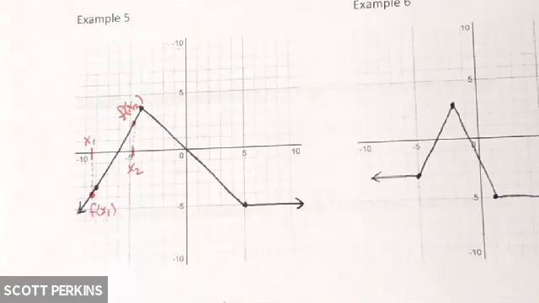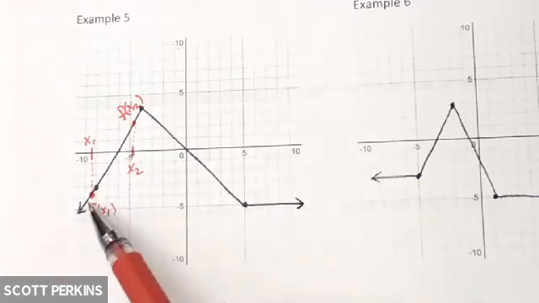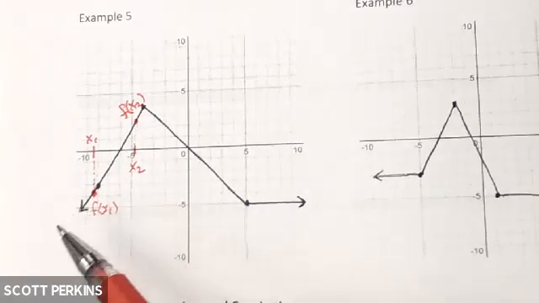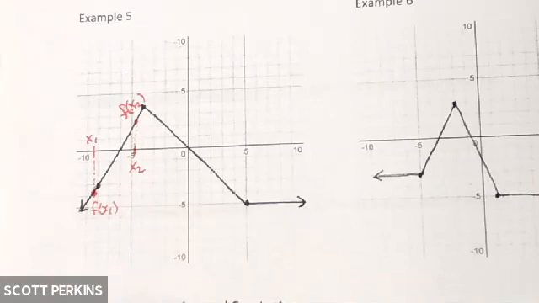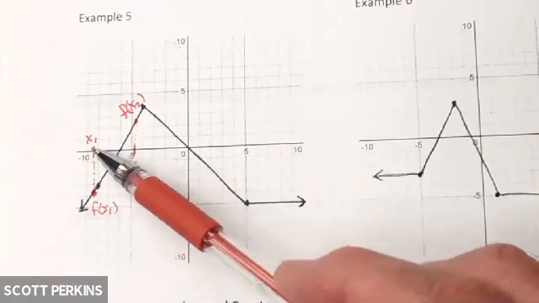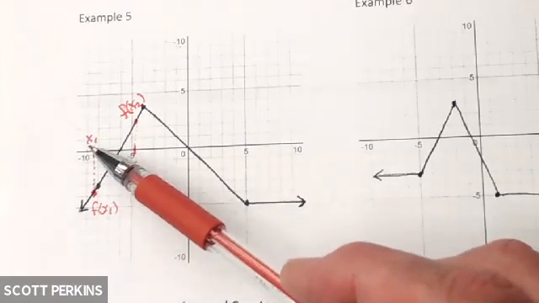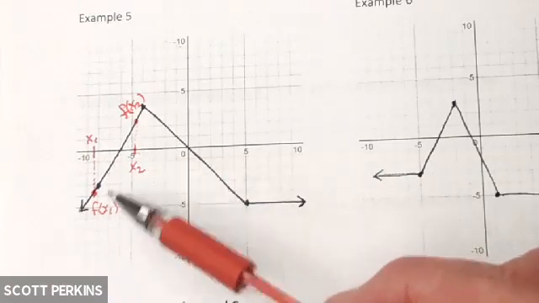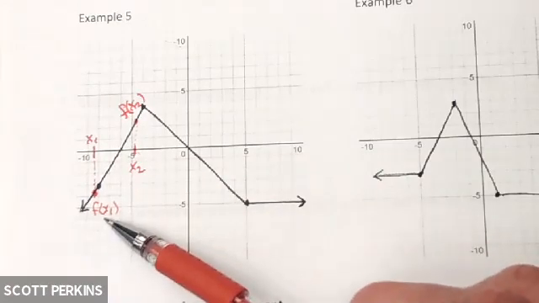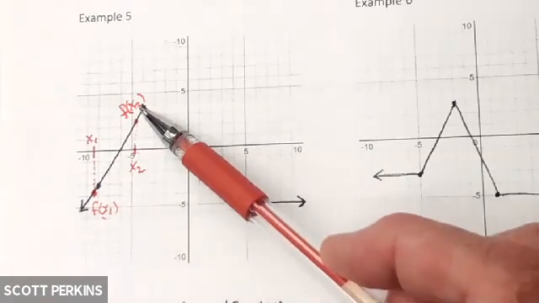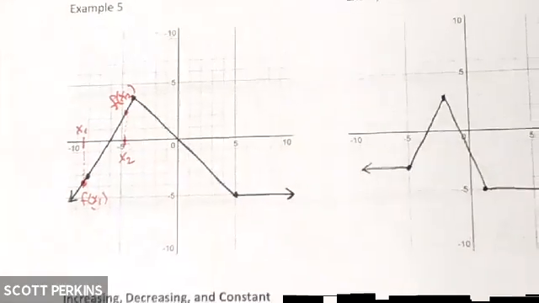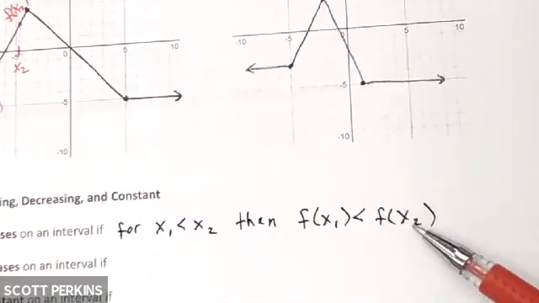What's the relationship between those two function values? The function value at x1 is what compared to the function value at x2? It's less than. Okay, it's further down the y-axis. And that's what the mathematical definition is telling us about increasing, that when I have my x1 to the left or lower than x2, then my function value at x1 is going to be lower than the function value at x2. And that was just the fancy math way to write it right here.